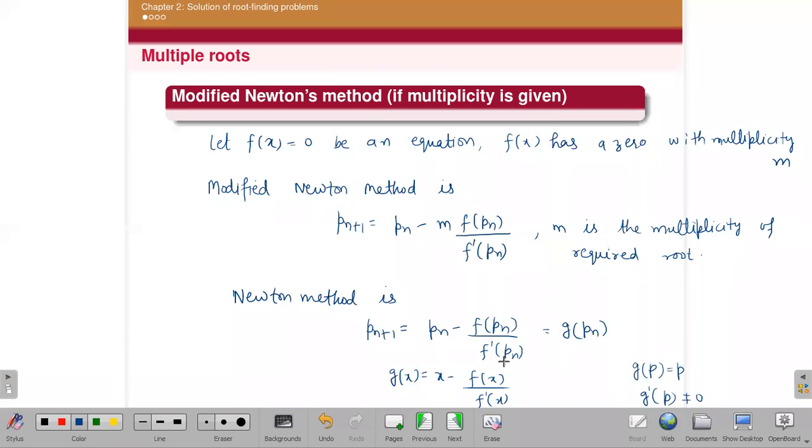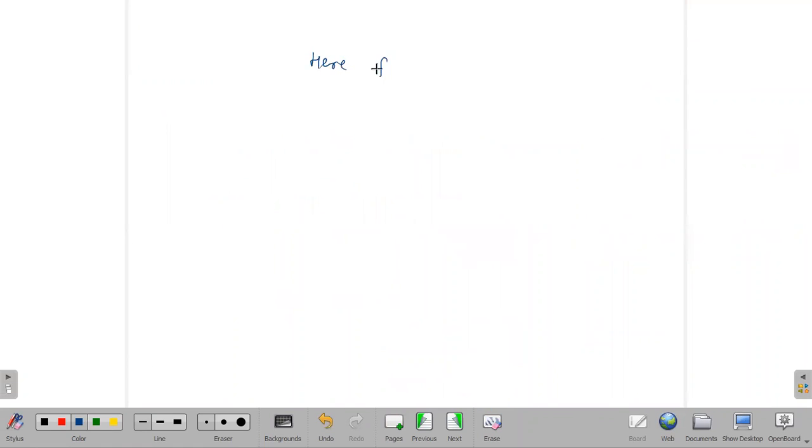But now the function is different. The function has a zero, and we are interested in finding that zero which has multiplicity m. So now f of x is a special function: f of x is x minus p raised to power m into q of x, from the definition of multiple roots, where q of p is non-zero.